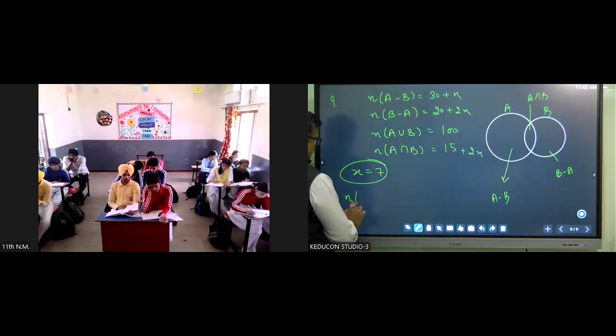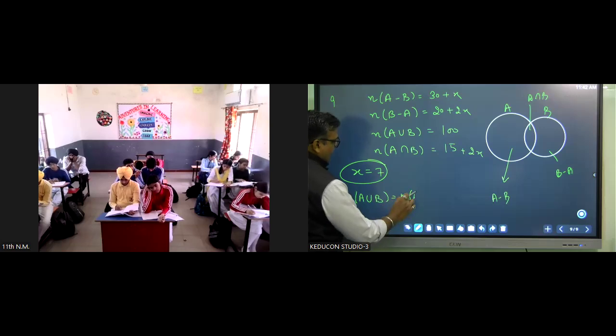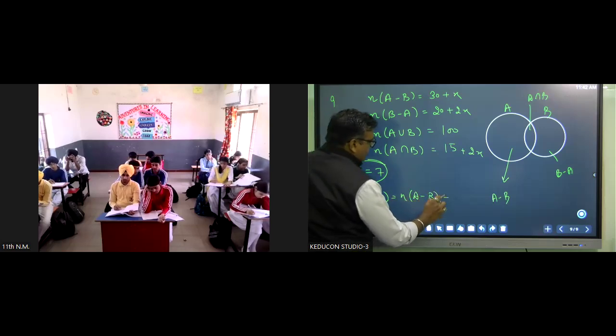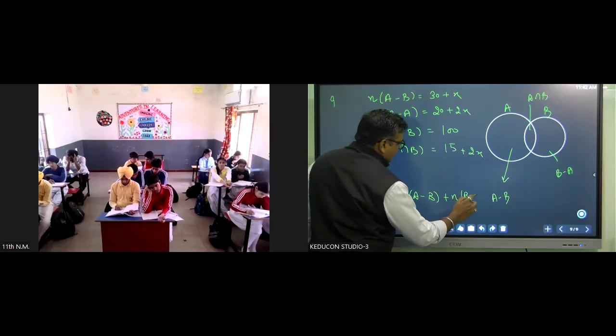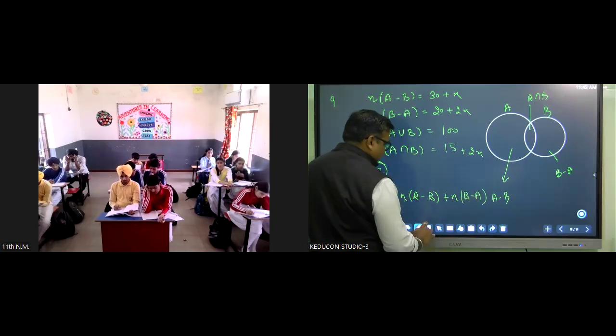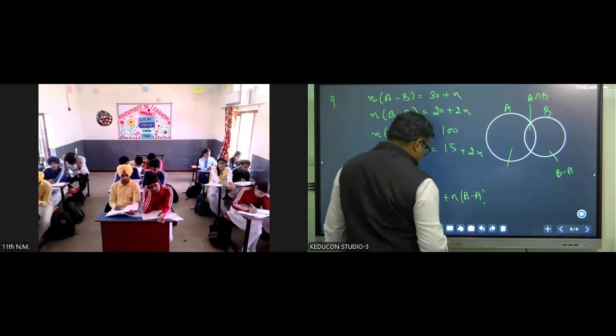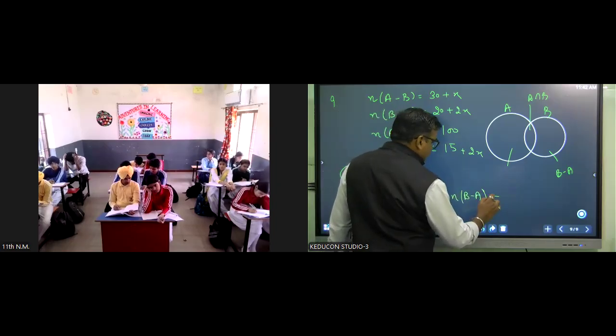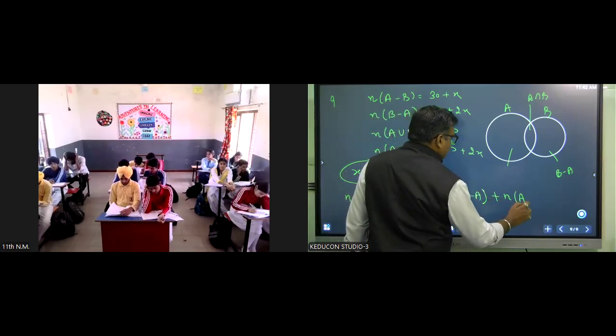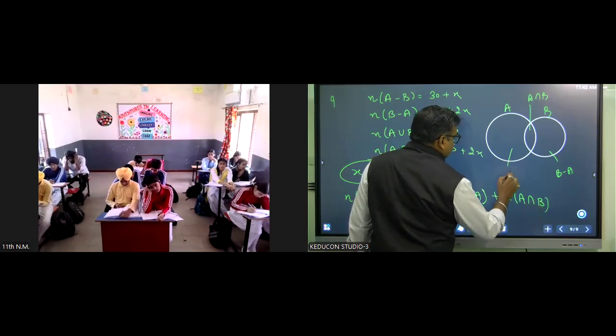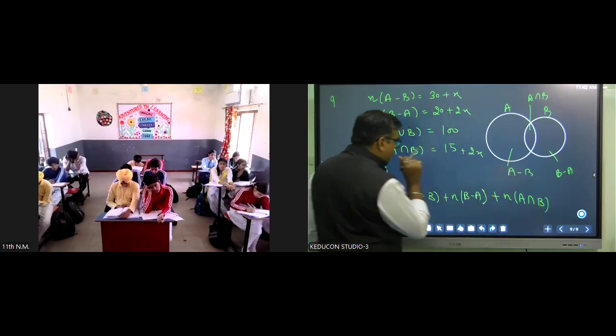n of A union B is equal to n of A minus B plus n of B minus A plus n of A intersection B. Right? Is this clear?